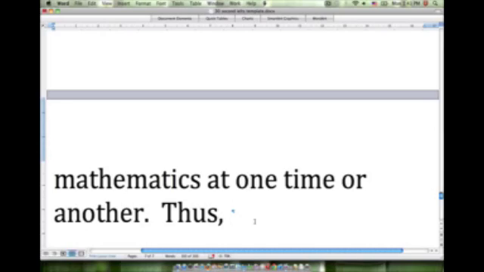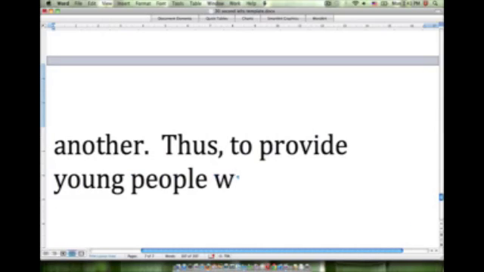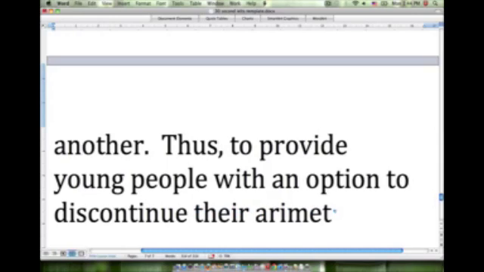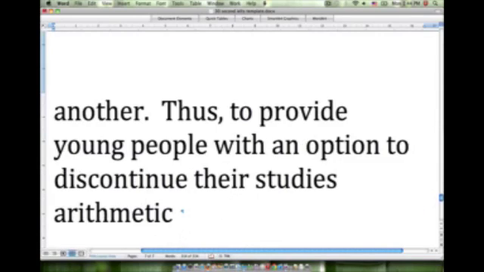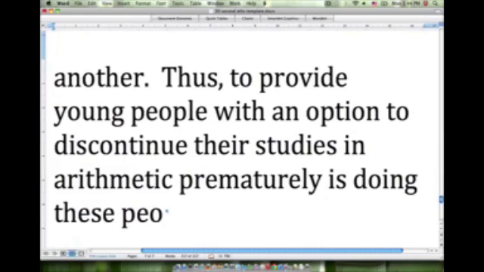So thus, to provide young people with an option to discontinue their studies in arithmetic prematurely is doing these people great disservice.